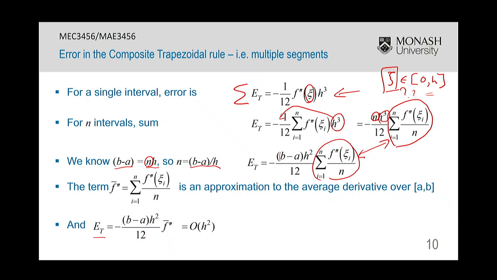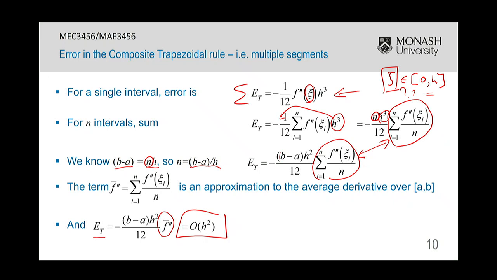Now, usually when we're integrating, the b and the a are fixed. They don't change. We don't really have any information about what the second derivative is, and certainly not what the average second derivative is, but in actual fact we don't usually care what that is. The most important thing to come out of this analysis is that the error scales like h squared.